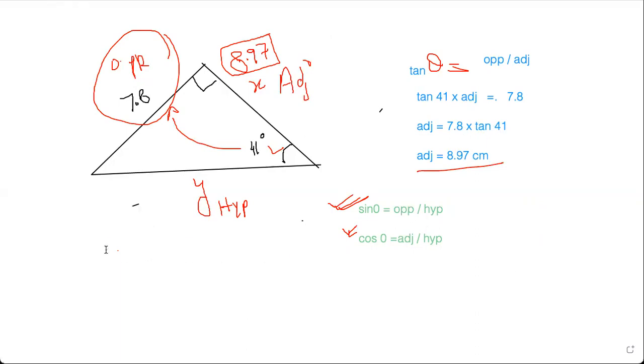And the third option is Pythagoras, because we are going to find the hypotenuse. You can see the opposite and the adjacent, these are two different sides. One side could be A, you can take the square of this side. The other side could be B, you can take the square of this side, and then you can find the value of your hypotenuse. So you have three options now.